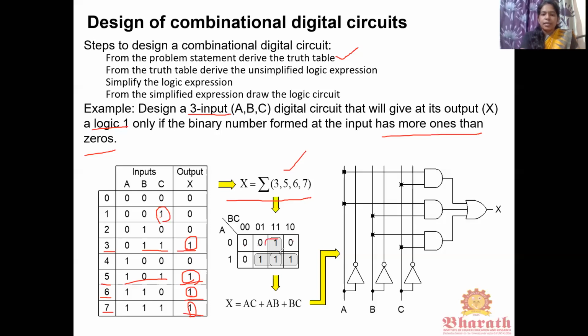This is the 3. Then 4, 5. At last 6. Then 7. These are the places we have to use 1. Then after this we have to perform the grouping.